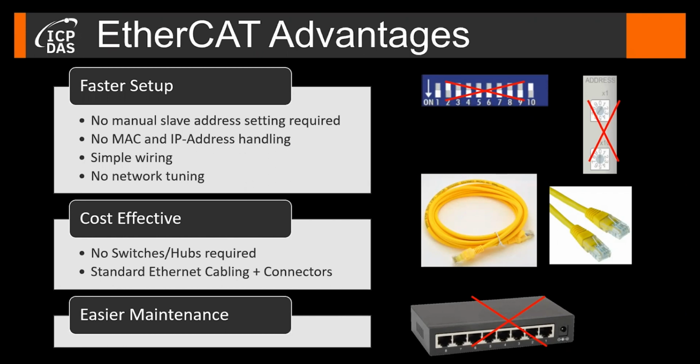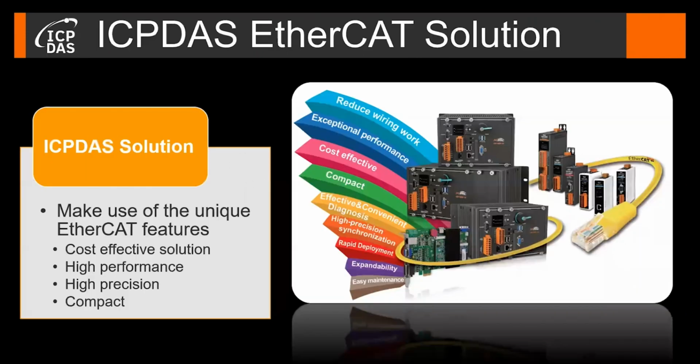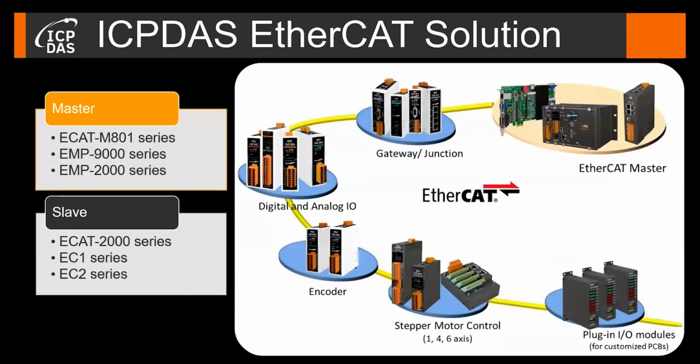In summary, simple configuration, outstanding diagnostic features, and low maintenance effort are all factors that contribute to a low system cost. ICP thus integrates the unique features such as high transmission rate, real-time behavior, and distributed clock mechanism into our programmable automation controller series to provide the customer with a cost-effective, compact, and high-performance EtherCAT automation controller.